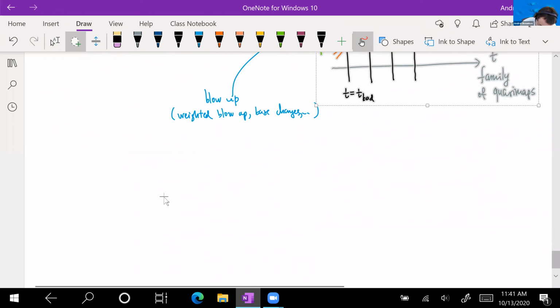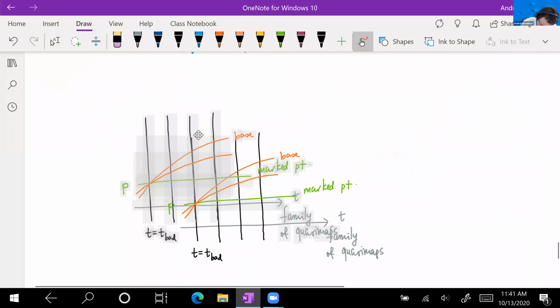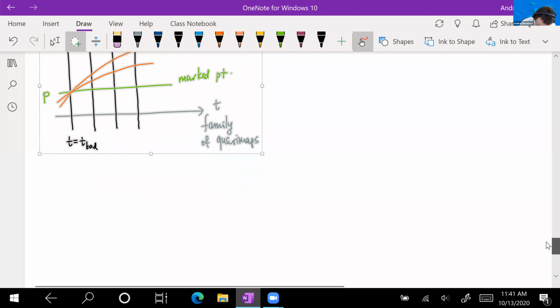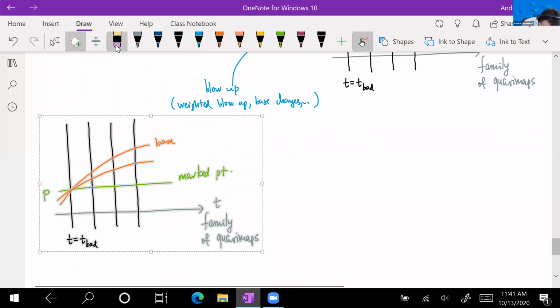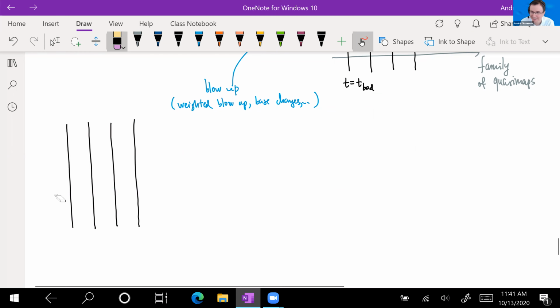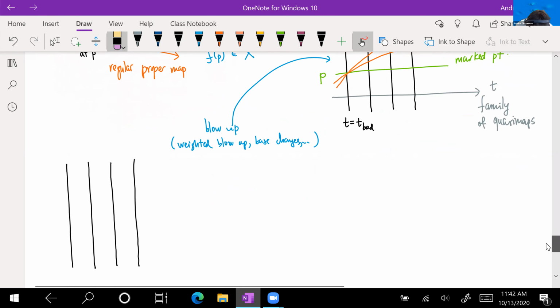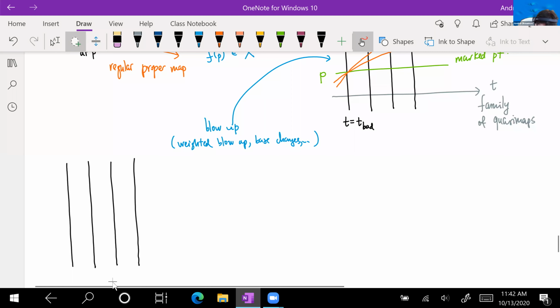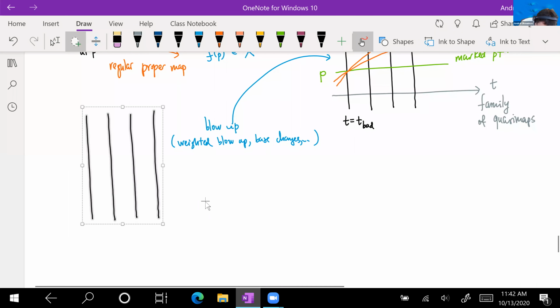And when you're done, what will you have? Maybe I'll get rid of that, and actually I have to redraw this whole thing. Let me put it back up there, maybe like that.